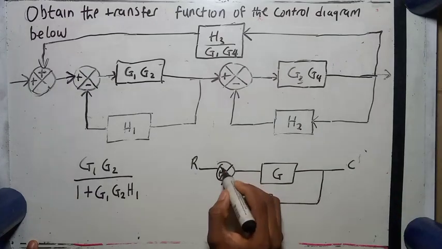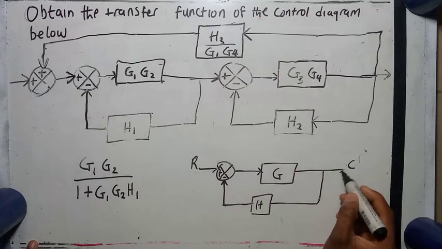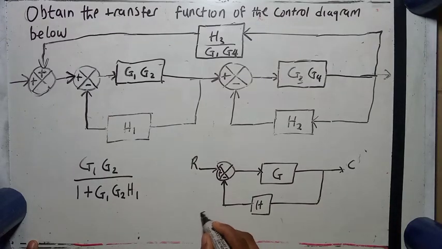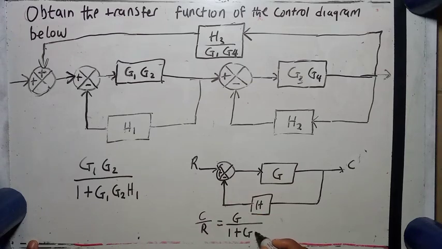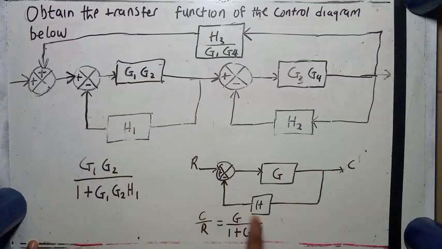When you're to get the transfer function, you have that C over R is equal to G over 1, since here is minus, so here is going to be plus G H. So this is the formula that we made use of to get this. So in this case, our G is now G1 G2, and our H is H1. So we just do substitution here.